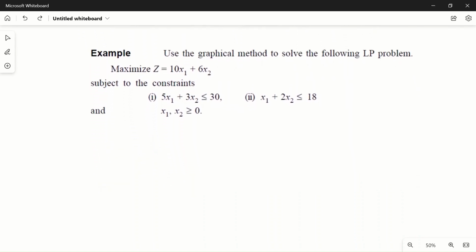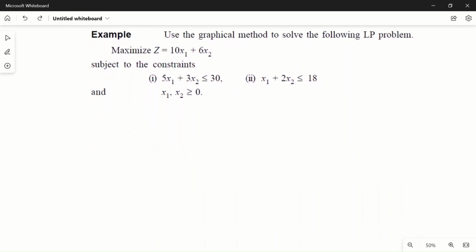So you can see that we have the objective function Z is equal to 10x1 plus 6x2, and our constraints are given as 5x1 plus 3x2 is equal to 30.